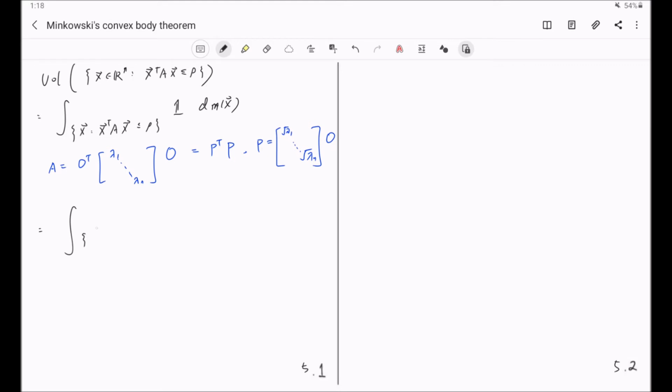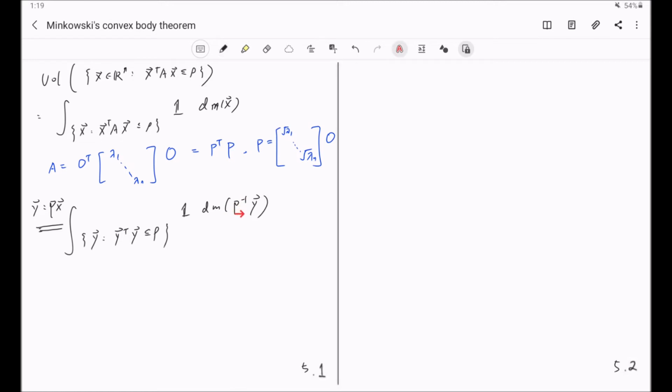this is equal to the integral over the domain y with y^T y less than or equal to rho. Here the change of variable formula is y equal to Px, and x is equal to P inverse y.